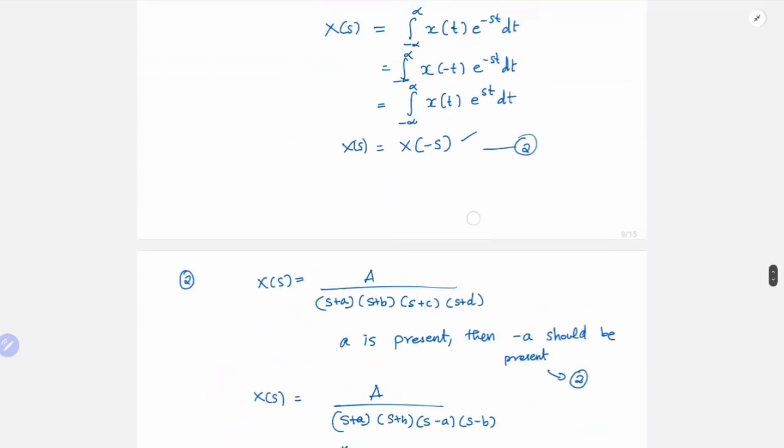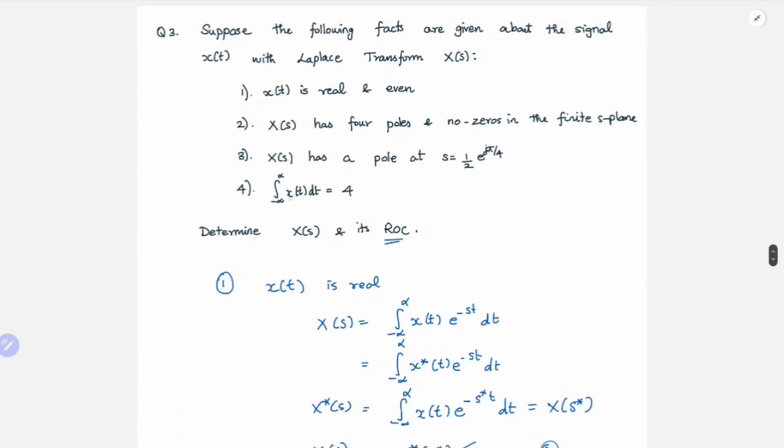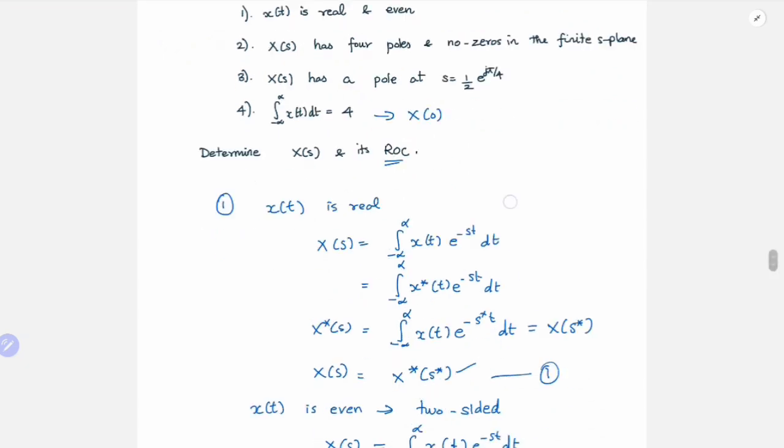And what else do I need? This one they have given as the fourth condition, but this is nothing but X of 0, right? If you substitute s equal to 0 in this expression, you will get exactly the LHS.